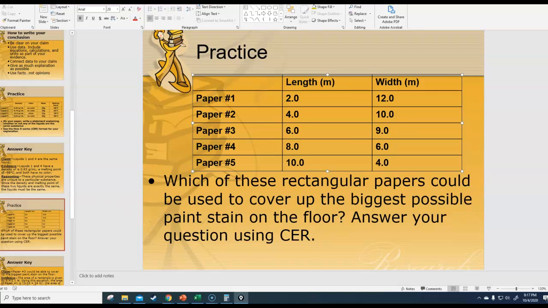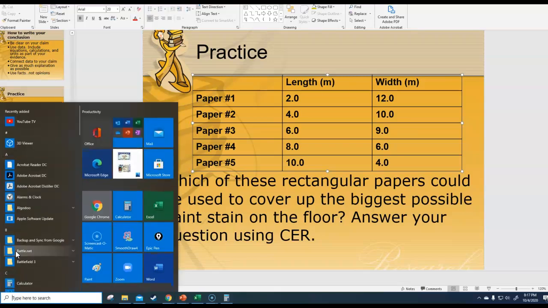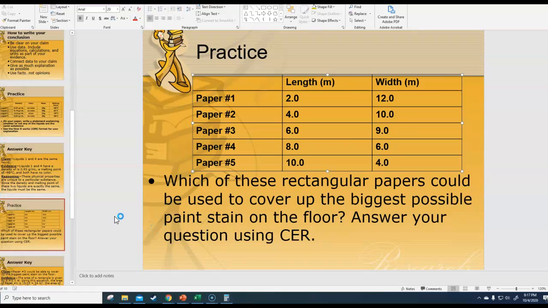Okay, so my pen is not working, that's fine. But it's just length times width. And so if you were to go and do the calculation and find the area of each of these pieces of paper, then what you would find is that paper 3 actually has the greatest area.